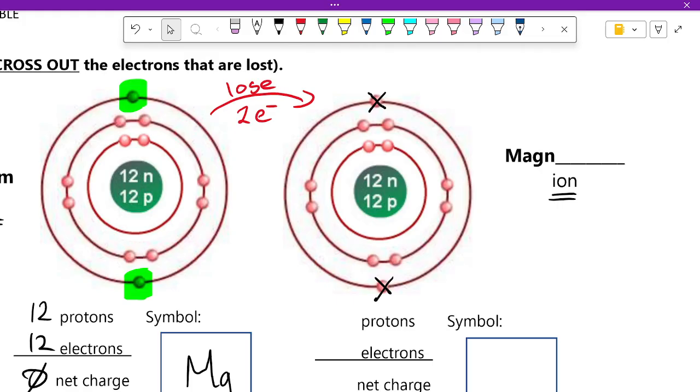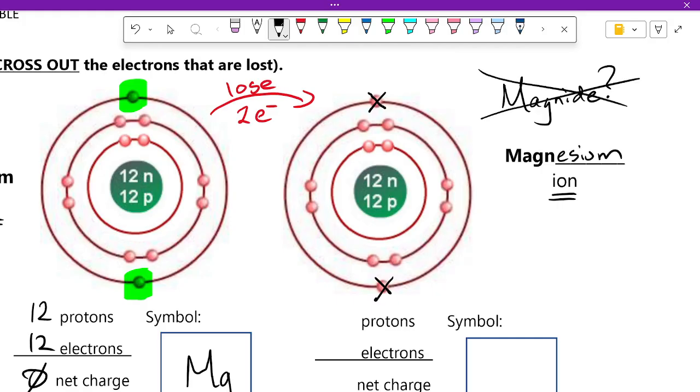What is the name? Is it magnide? Nope, it's just magnesium, because that is a metal.